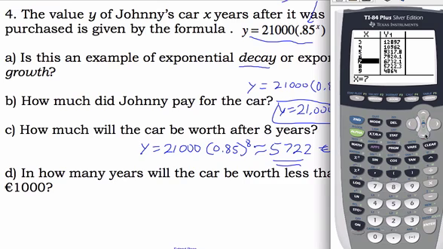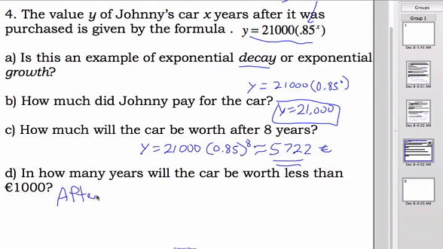So I'll scroll down until I see a number that's less than 1,000. Okay, and that will be after 19 years. So after 19 years, the car is worth less than 1,000 euros.